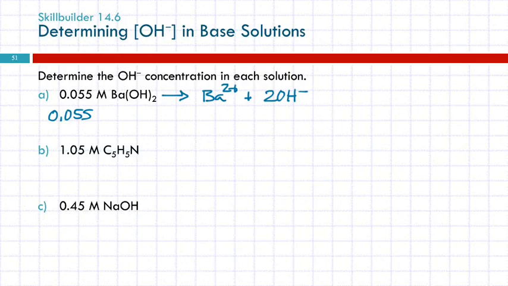So if I have 0.055 moles of barium hydroxide per liter, how many moles of hydroxide do I have? Is it the same? Yes. If I take one of these apart, how many of those do I get? 2. So there are 2 hydroxides formed for every mole of barium hydroxide.